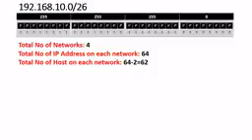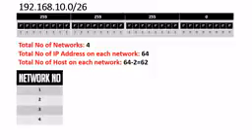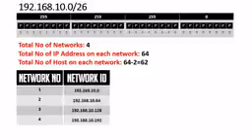So let's name these networks as network 1, network 2, 3 and 4. Now how to find the network ID for these? We just have to keep adding 64, 64, 64. Like that you can easily find the network ID. So the network ID of the first network will be 192.168.10.0 and the network ID of the second network will be 0 plus 64, which is 64, so it will be 192.168.10.64.